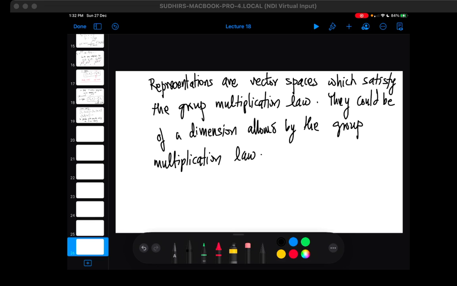For example, the case of spin, which I will do with SU2 in a second.